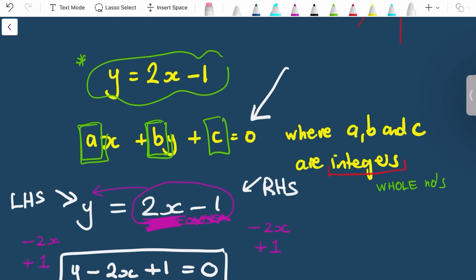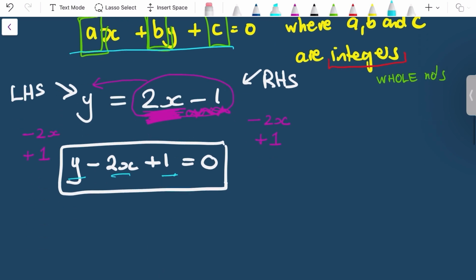And that is exactly what I have been looking for, what the question asked me to find. Note that it does not matter that you have y first and then x and then your constant, as long as it's in the form where everything is on the left and 0 is on the right, and a, b, and c are integers, then that is okay.